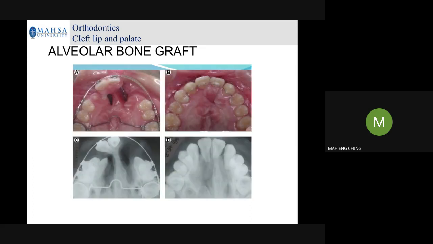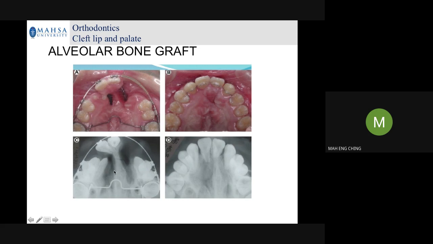Okay, same thing. You see the expander. After they expand and open up the space with the braces, they come in and repair. Then after the repair, you see the canine can erupt. You see this X-ray, it shows the empty space, or the discontinuity, between the premaxilla and the postmaxilla. If they didn't put the bone graft, there's no bone, and the canine cannot erupt.